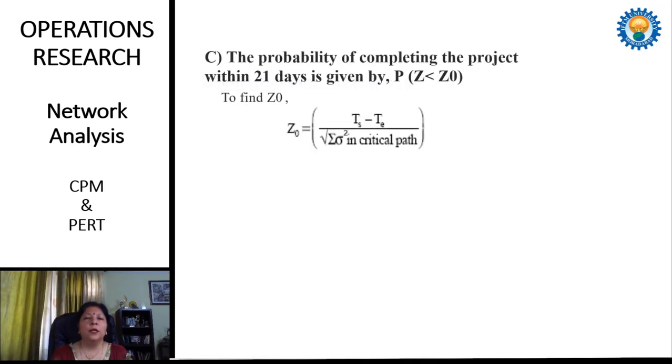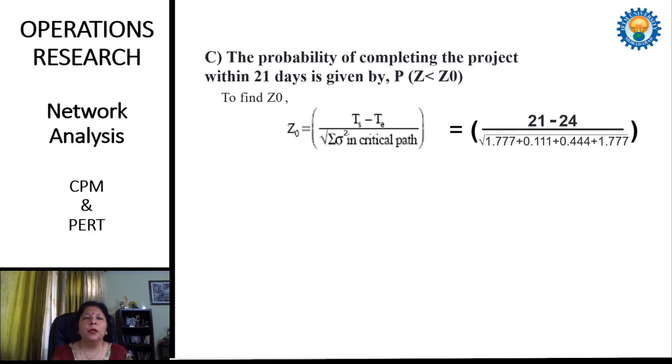For finding the probability that the work is completed in 21 days, we use this formula. In the question it is already mentioned that the scheduled time is 21 days, and the critical path time, or project duration, which we calculated, is 24. We substitute all these values into the formula with the variance and start the calculations.